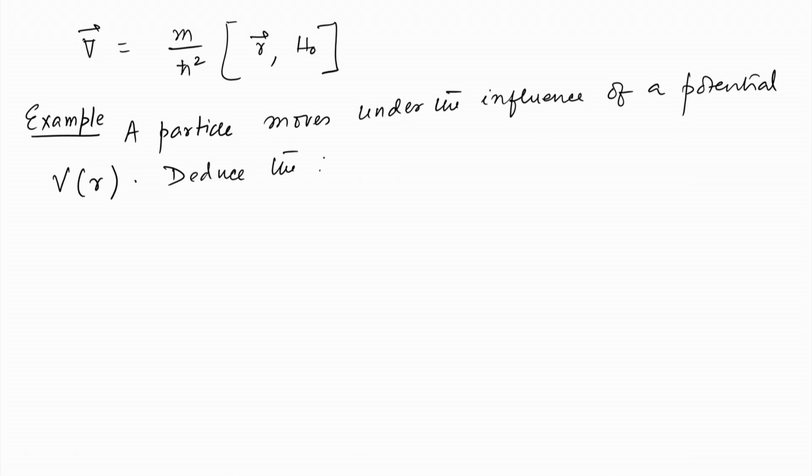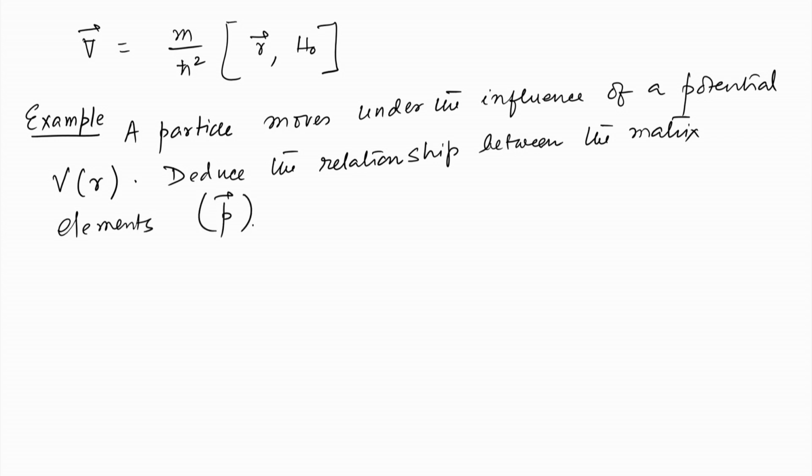the relationship between the matrix elements P 1 2, I will tell you what 1, 2 are, which are two states, maybe an initial and a final state, because the time dependent perturbation makes a transition from state 1 to state 2.